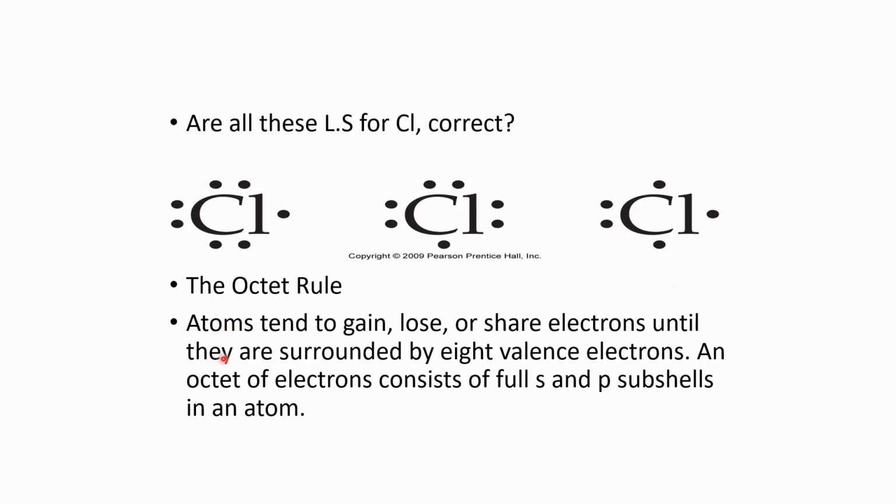Now, the octet rule. Atoms tend to gain, lose, or share electrons until they are surrounded by 8 valence electrons. An octet of electrons consists of full s and p subshells in an atom.